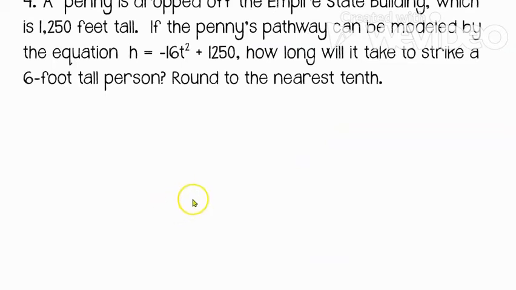This one's a little tricky. A penny is dropped off the Empire State Building, which is 1,250 feet tall. If the penny's pathway can be modeled by the equation h equals negative 16t squared plus 1250, how long will it take to strike a 6-foot tall person? Before, we wanted to know when something hit the ground.